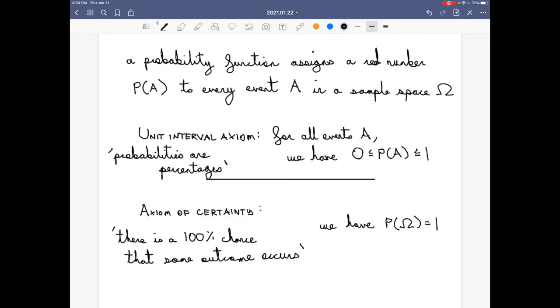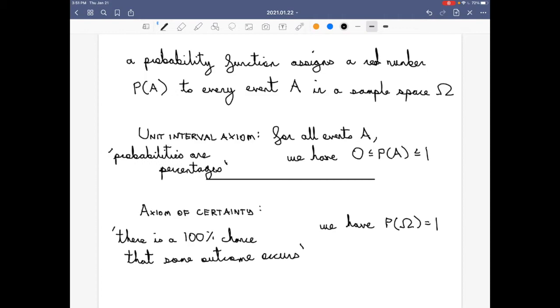So a probability function assigns a real number to every event in a sample space. So it allows us to answer the question, what's the likelihood that this event happens, with a real number. That's the way you should think of a probability function.